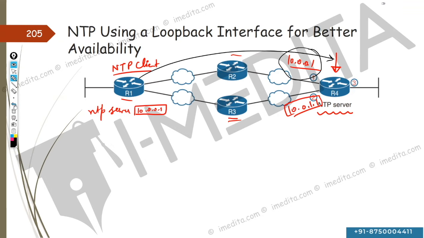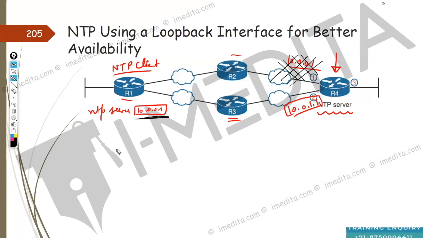But let's say now, because of some reason, this interface goes down. At this moment, if R1 tries to send requests to this IP address, there is no way that R4 can respond because this interface is down.